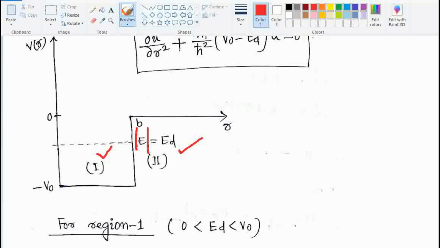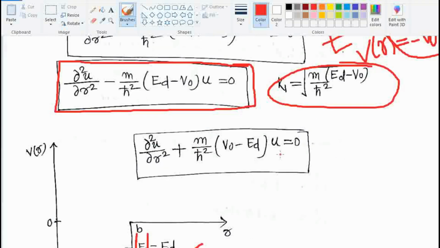But if you remove this magnitude sign, then you will get minus ED. So take consideration of this negative sign, and according to that you have to put in the Schrodinger equation, then only you can get this expression.